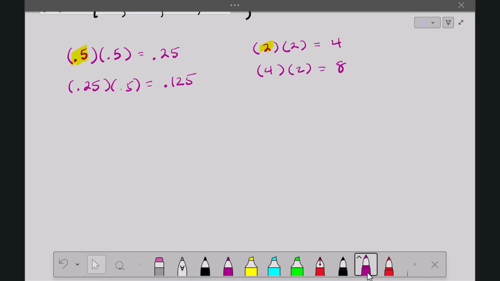Let me point out one nuance here. If our common ratio is a negative number, so let's just say it's negative 0.5, we are still going to end up with a limit of 0. It's just that the way that 0 is approached will be through both positive and negative numbers.